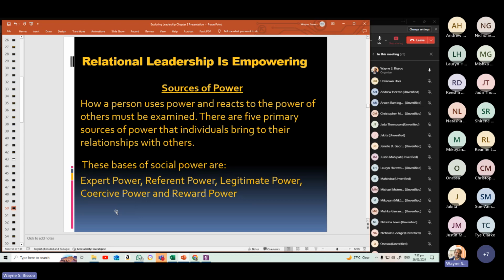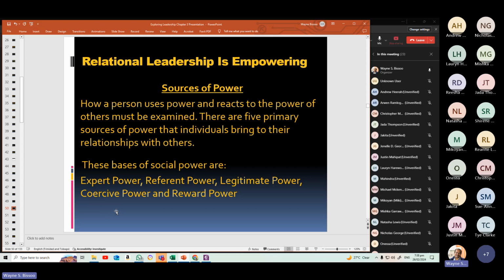Referent power is a little different. Referent power is power that is ascribed to an individual because of not only their expertise, but also the fact that they're sort of like a wise person in the organization who's been around for a while. They are afforded that reverence by other individuals, saying, hey, the length of time this person has been there, the quality of their practice.